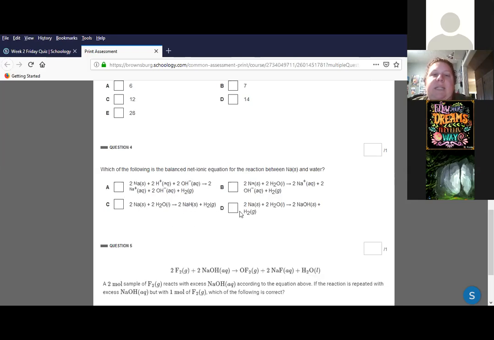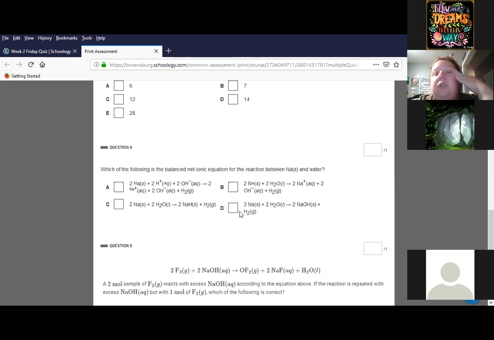Looking at B, C, and D now, I've got to think about how this is going to react. Sodium can make a positive ion. So if it's going to bond with anything, it has to bond with a negative ion. So C is going to be out. NaH does exist, but it's not going to come out of this reaction.